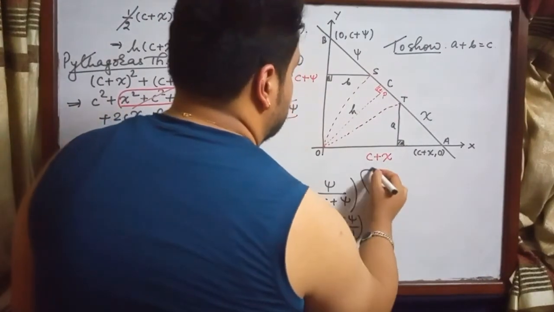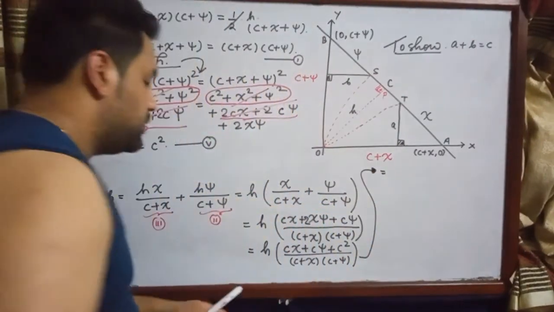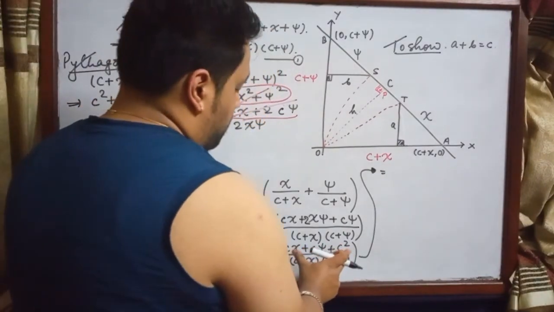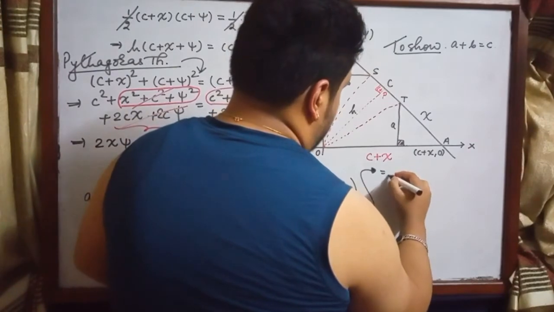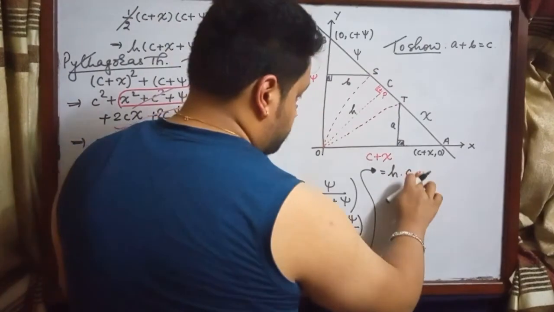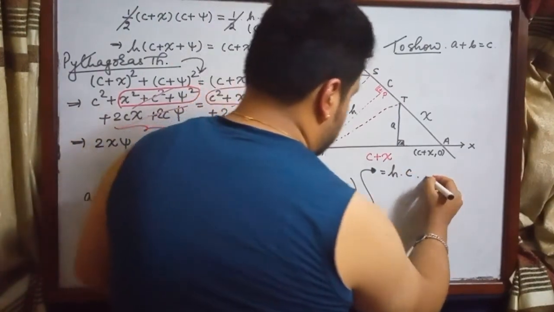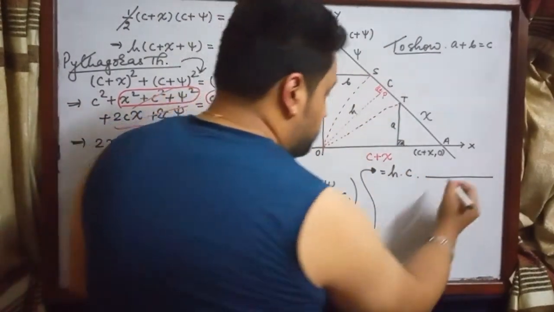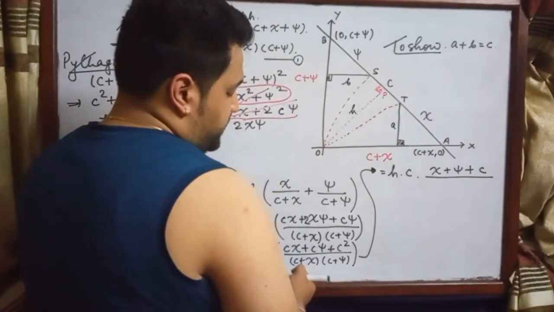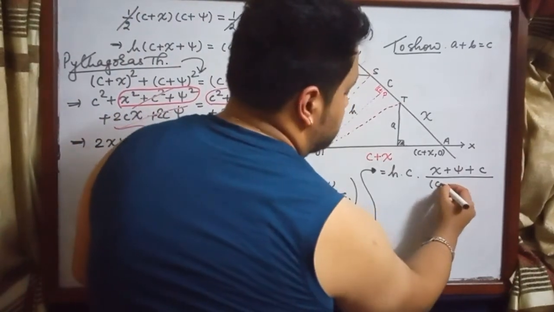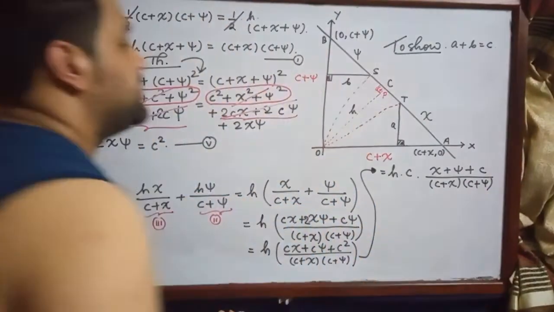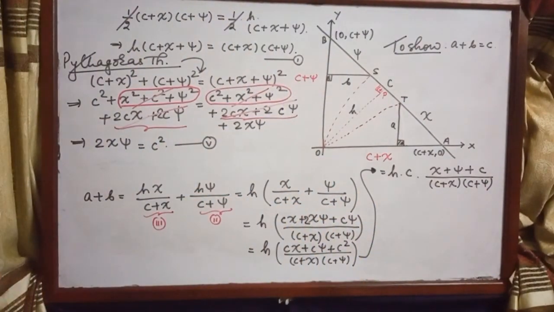Let's continue. Let's take c out from the numerator, then we have h times c times chi plus psi plus c over c plus chi times c plus psi.